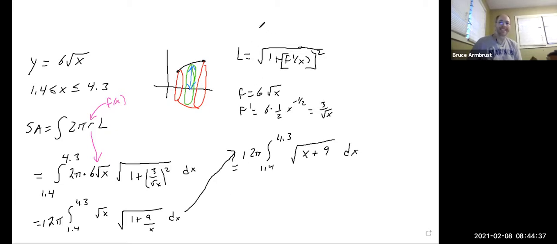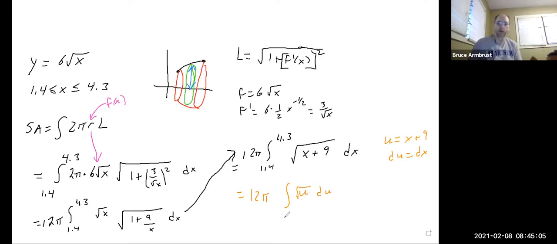This one's probably easiest done if we do a u substitution. I mean, check this out. If you let u equal x plus 9, then du is equal to dx. So this becomes an integral of square root of u du, which is nice and easy to do. I'm going to go ahead and change my bounds while I'm at it.